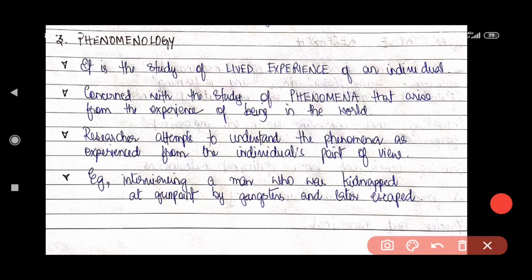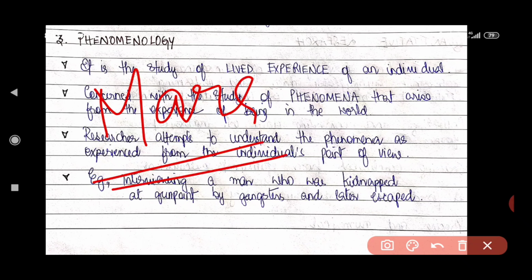I'll give you the simplest example. So let's say hypothetically you went to the planet Mars. Okay, so it's gonna be fun. You recently went to planet Mars and you came back. And I, as a researcher, want to interview you, and so I do.